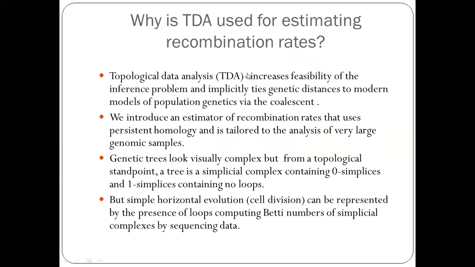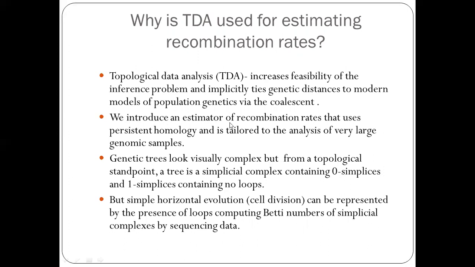Why is TDA useful for estimating recombination events? Topological data analysis increases feasibility of the inference problem and implicitly ties genetic distances to modern models of population genetics via the coalescent.